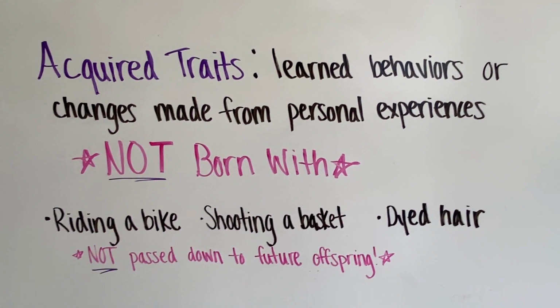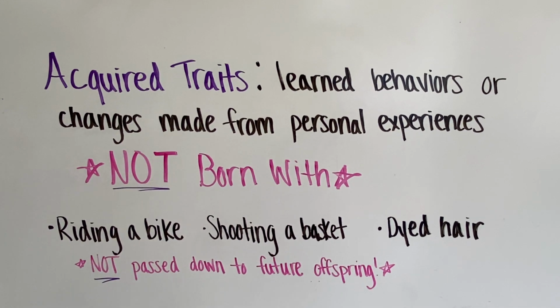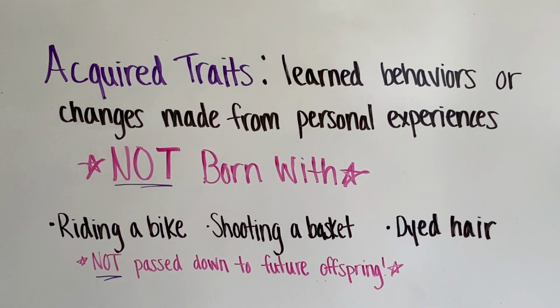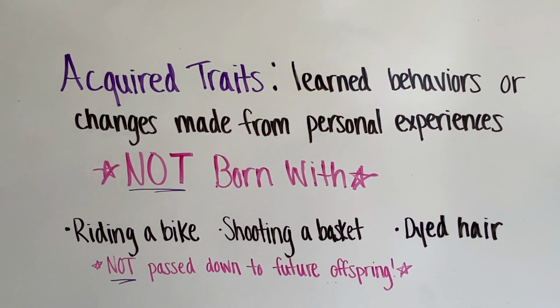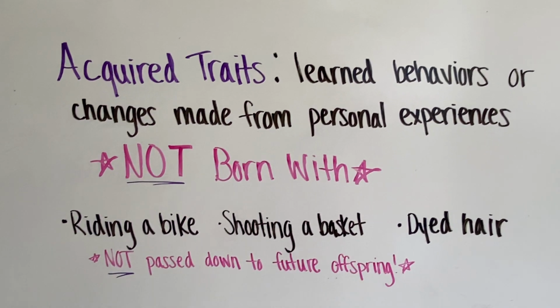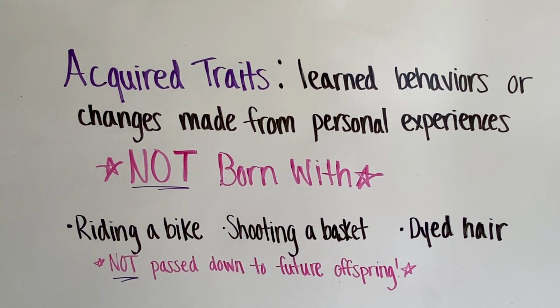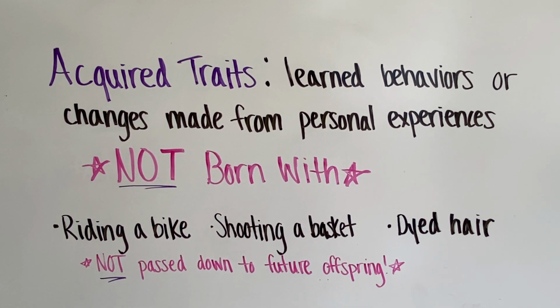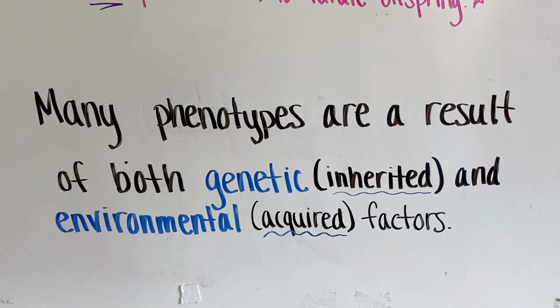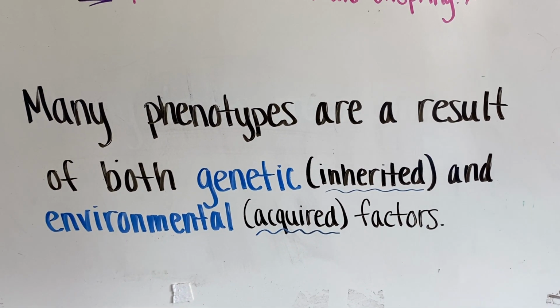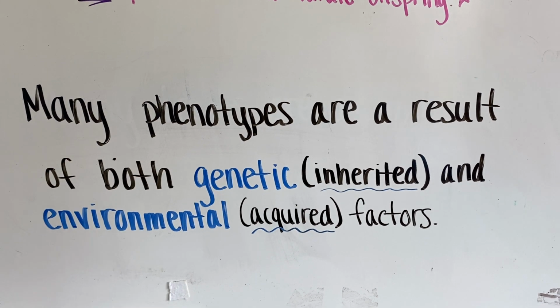This is like riding a bike or being able to shoot a basketball, or if you dye or change your hair in any way, you're not born with that hair. It's something that you have acquired. So since these are acquired, they are not passed down to your future offspring because they are not coded into your DNA.